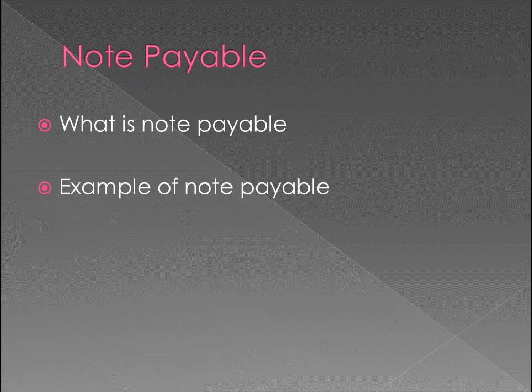The note payable amount can include the principal as well as the interest payment amount due. If periodic payments are made throughout the term of the note, the payments will reduce the note's payable balance.